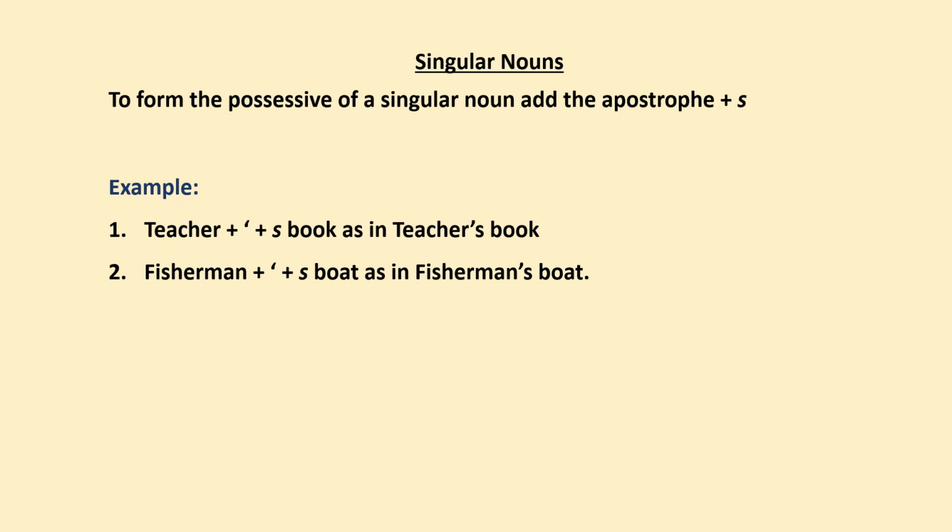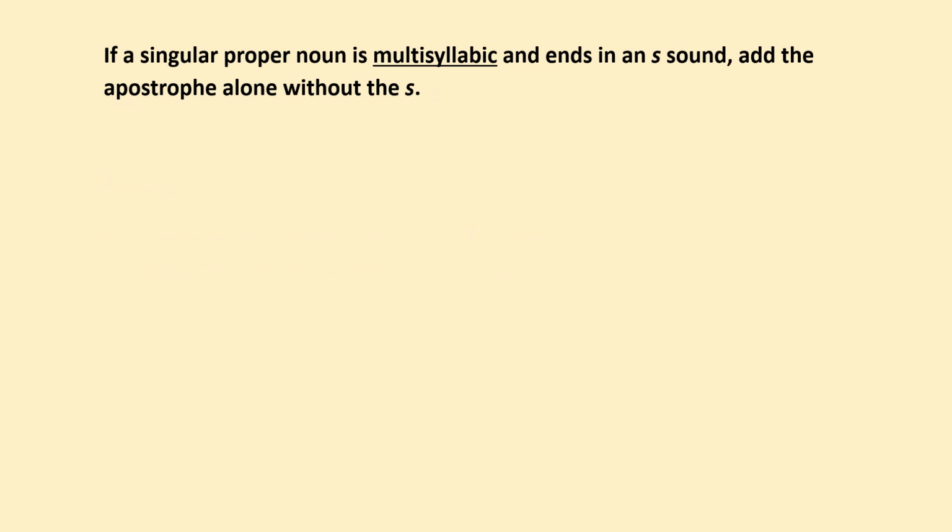In writing a teacher's book, the phrase a teacher's book, you write teacher plus the apostrophe plus S. The same goes for the fisherman's boat. You write the fisherman, you put an apostrophe and you put an S after the apostrophe. This is for singular nouns. So let's go on to the next.